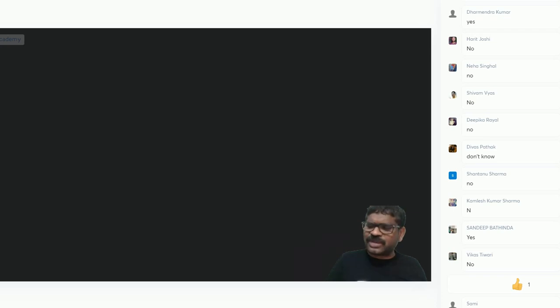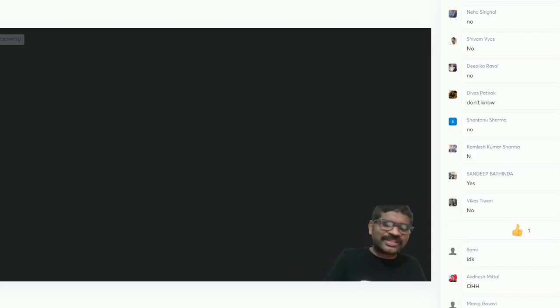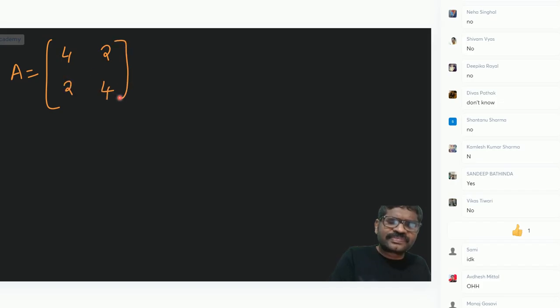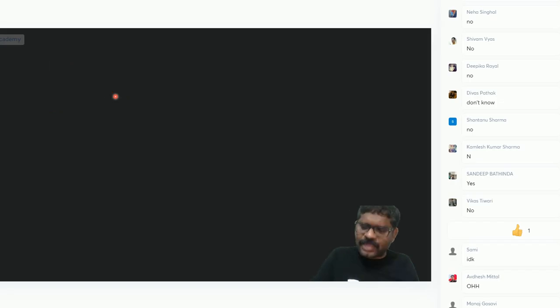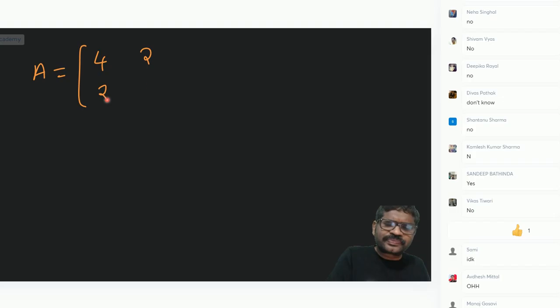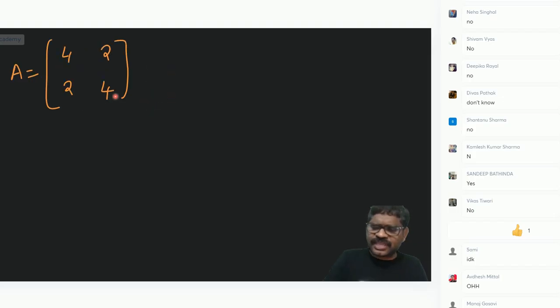Simple example I'll give. I'm not going to take 10 cross 10 or 6 cross 6, just 2 cross 2, you can cross verify. Suppose the matrix is 4, 2, 2, 4. Here I am going to calculate eigenvalues with the help of determinant of A minus lambda I equal to 0.